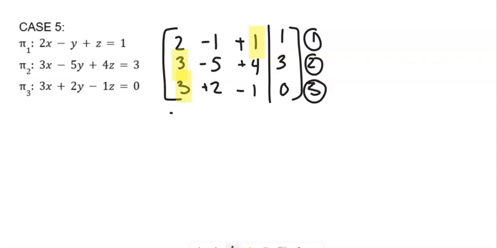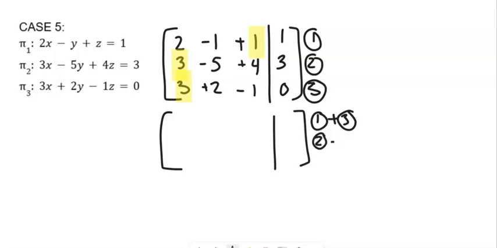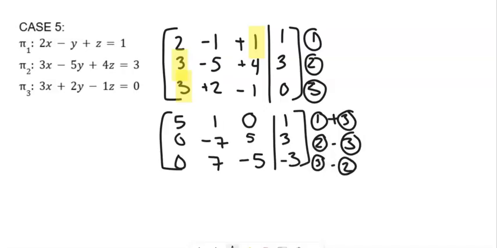In order to do that, all I need to do is add 1 plus 3. And then I can take 2 away from 3. And I can take 3 away from 2. Okay, so I did that.